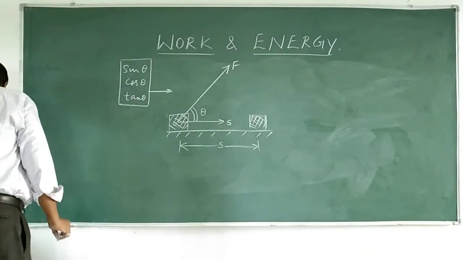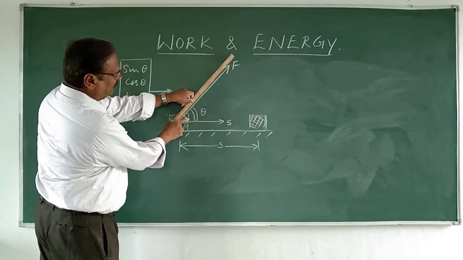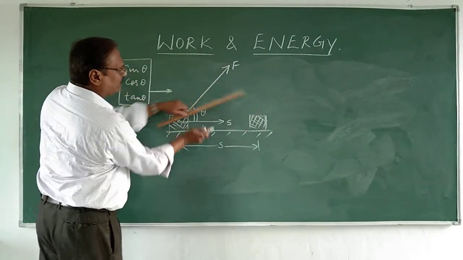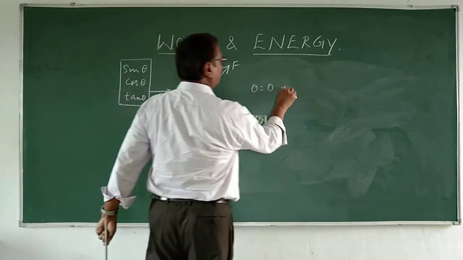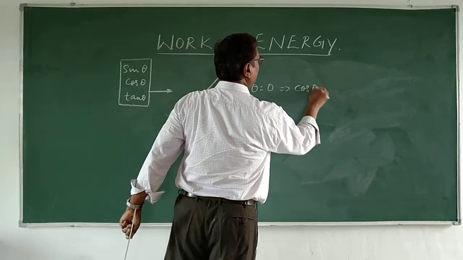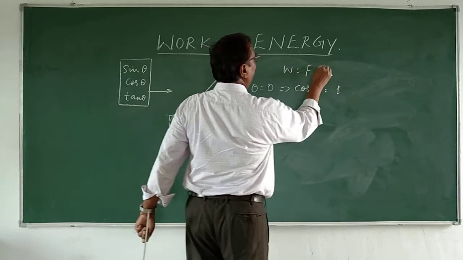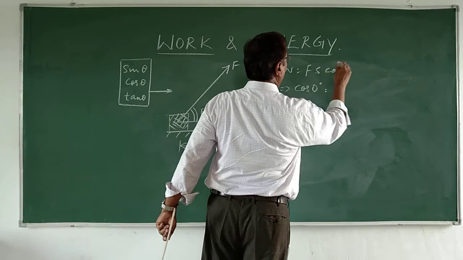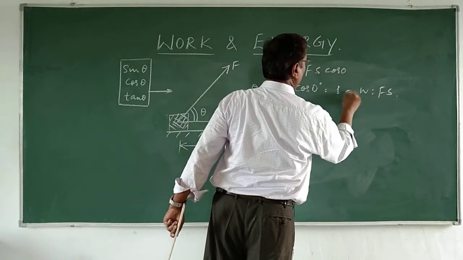When the force and displacement were in the same direction, theta naturally became 0, which implies cos 0 is equal to 1. So work done is equal to Fs cos theta, which became W is equal to F into S. So this is fine.